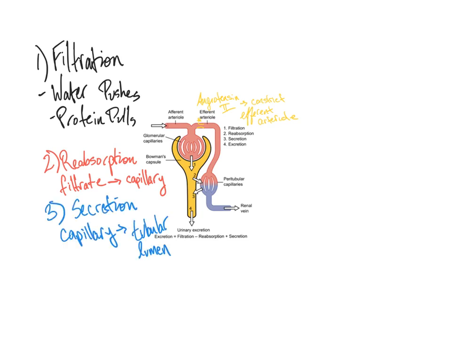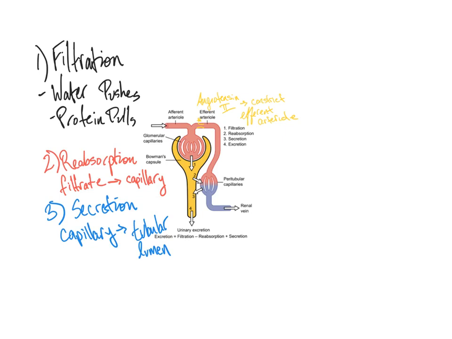Secretion is movement of a substance from the blood vessel out. So in this case, secretion moves a substance from the blood vessel and into what will eventually become urine. Reabsorption is the movement into a blood vessel. Absorption really deals with the GI tract, so this is termed reabsorption. So if a substance is filtered at the glomerulus but never ended up in the urine, then we conclude that this substance was reabsorbed.